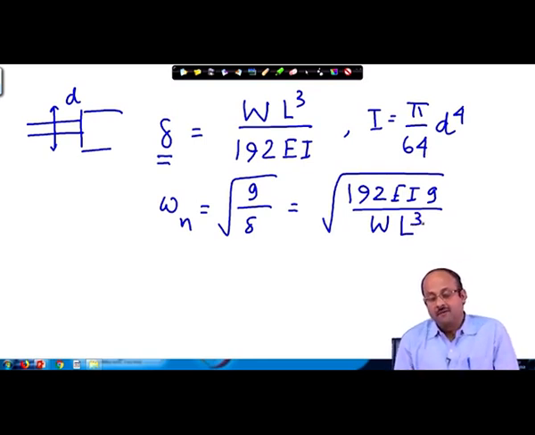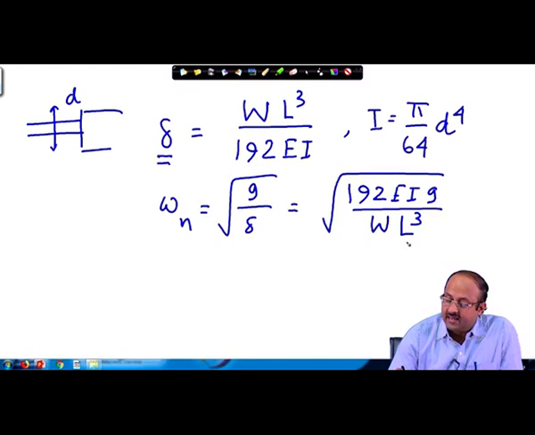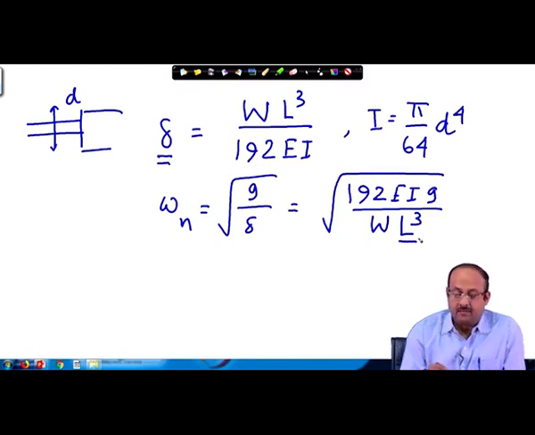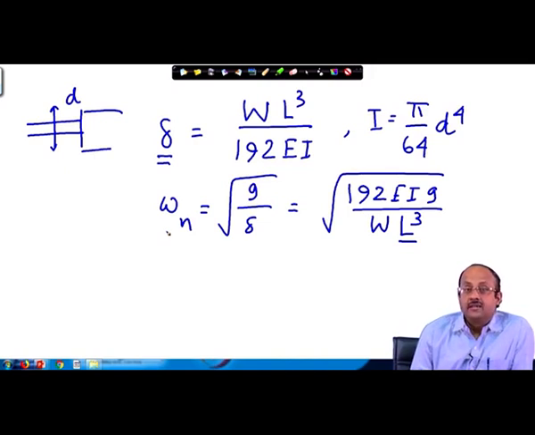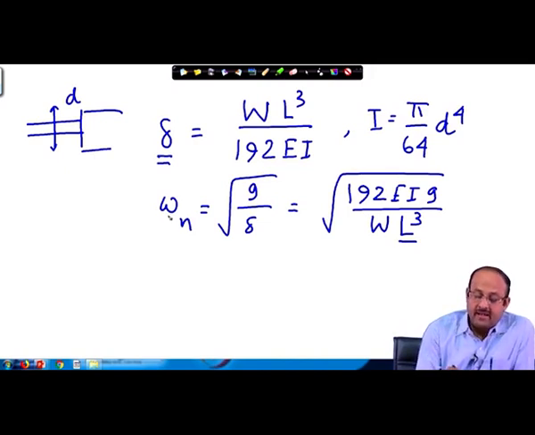So, one thing we see from here is that if we increase the value of L, then omega n goes down, whereas if we decrease the value of L, then omega n will go up.